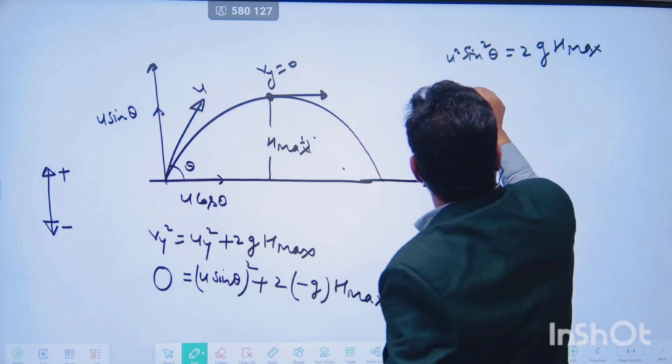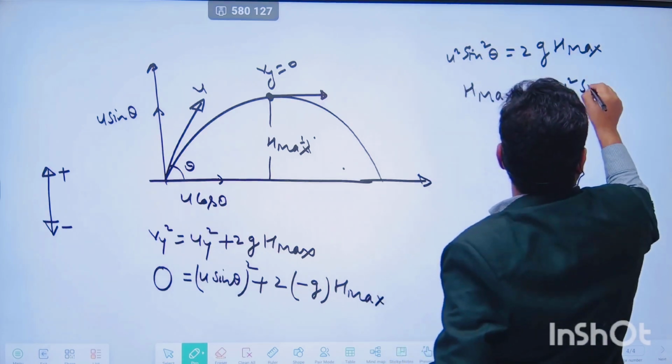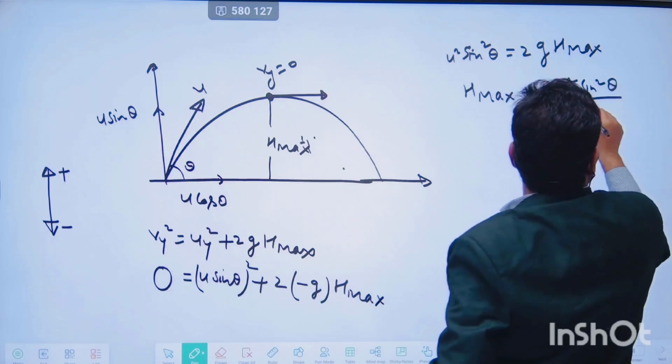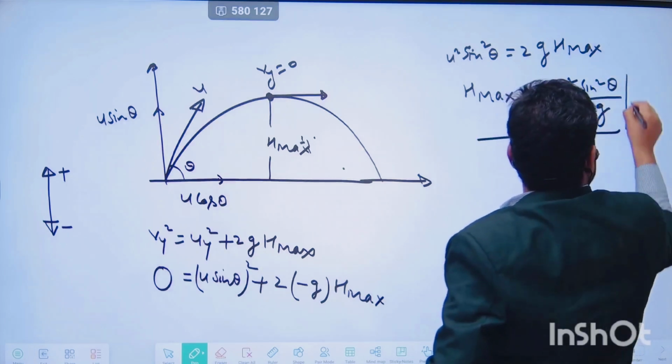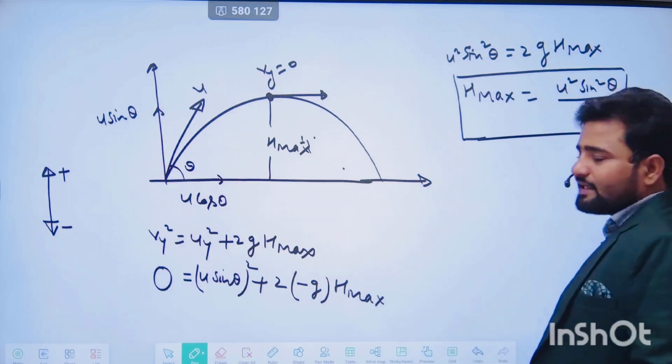From here we'll get the value of h max. The formula for h max is equal to u square sine square theta by 2g. In this way we can find the maximum height attained by the projectile.